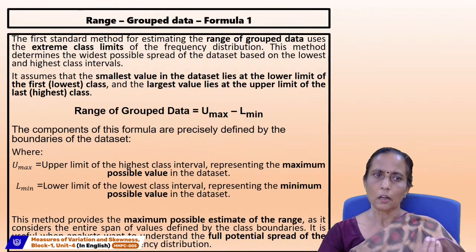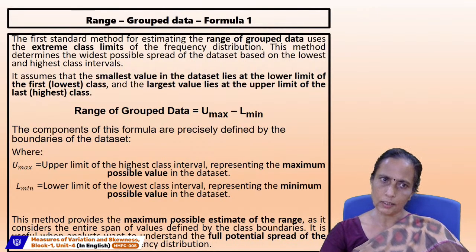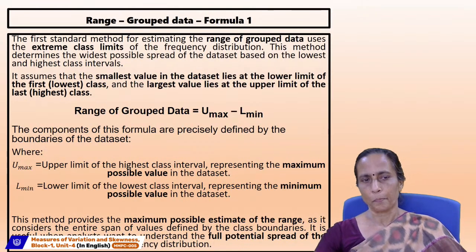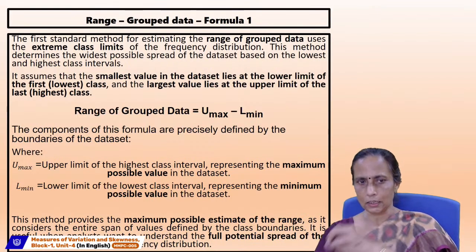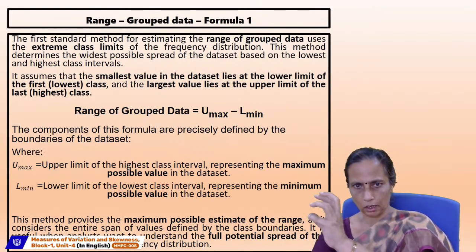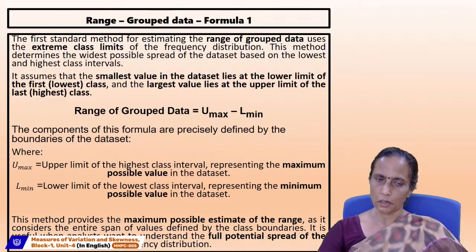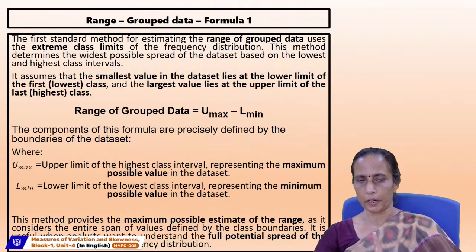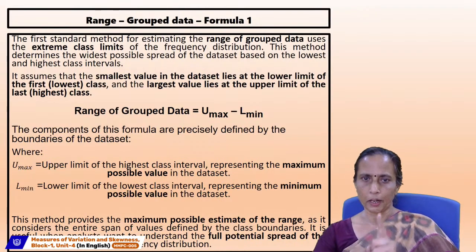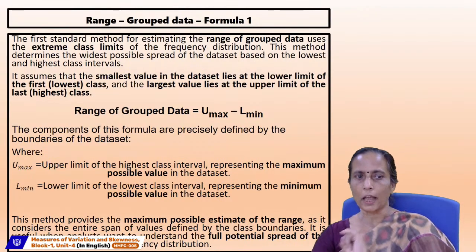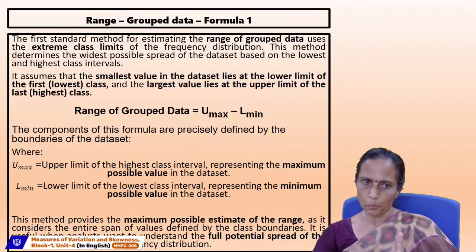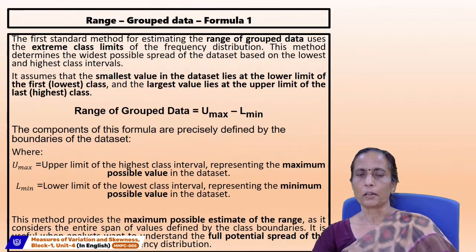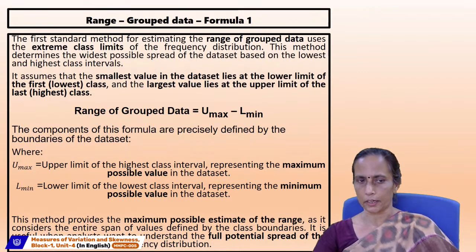That means the upper limit of the last class and the lower limit of the first class. The range of the grouped data has the formula U max minus L min.